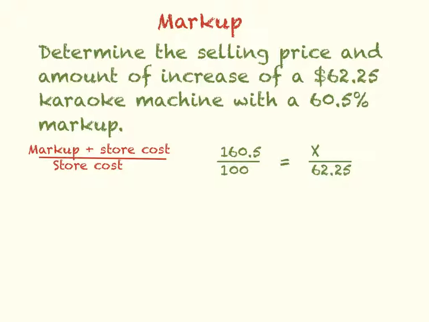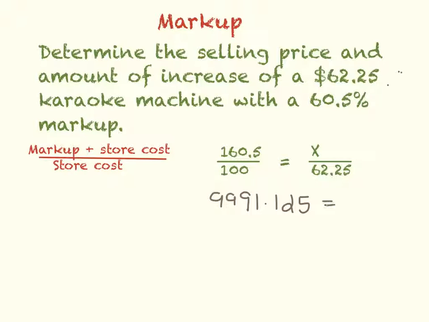So this is just a proportion. How do we solve a proportion? We're going to find the cross product of 160.5 times 62.25, and that'll be equal to 9,991 and 125 thousandths.